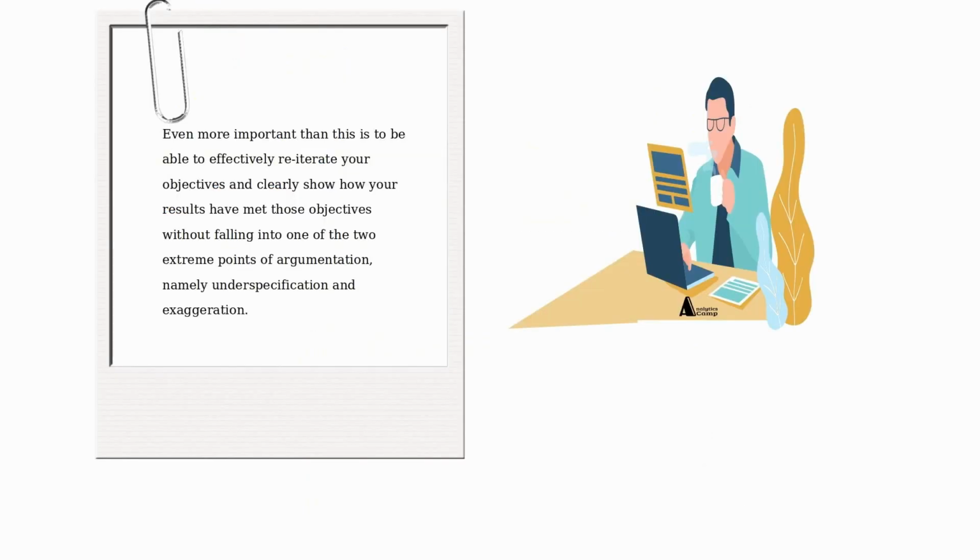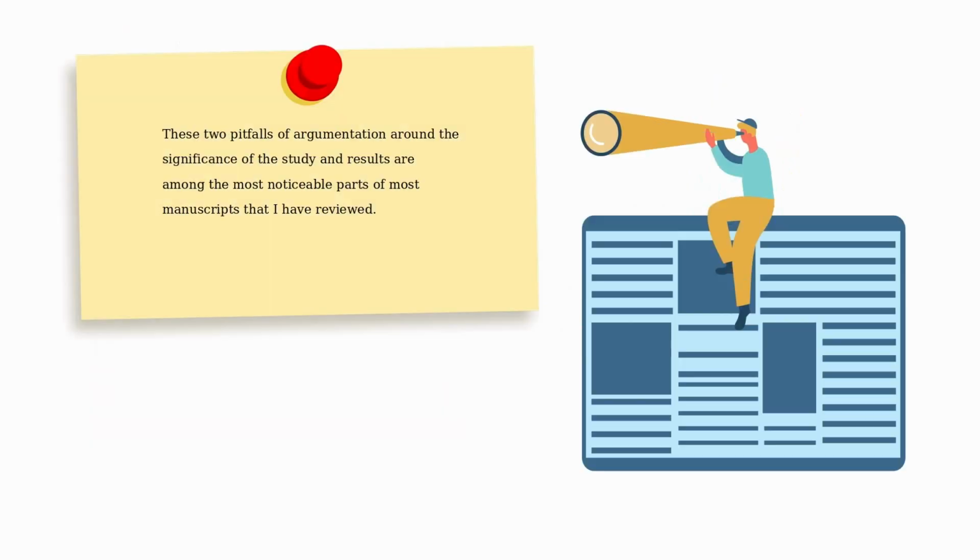Even more important than this is to be able to effectively reiterate your objectives and clearly show how your results have met those objectives without falling into one of the two extreme points of argumentation, namely underspecification and exaggeration. These two pitfalls of argumentation around the significance of the study and results are among the most noticeable parts of most manuscripts that I have reviewed.